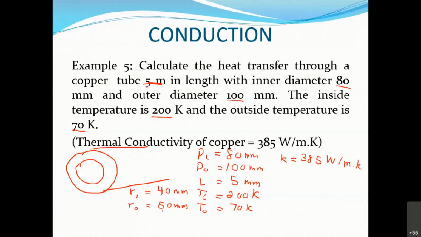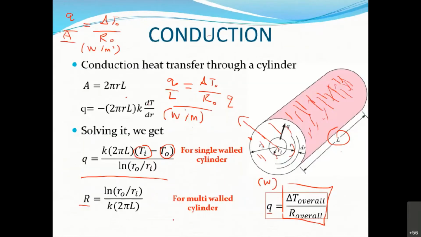So now, the next thing you have to do is decide whether this is a single cylindrical tube or a multi-layer cylindrical tube. So again, if you draw it, you will know, okay, this only has one layer. This is the only layer we have. So automatically you say that this is a single layer cylindrical tube. So the equation you will use is this first equation for single layer cylinder wall.